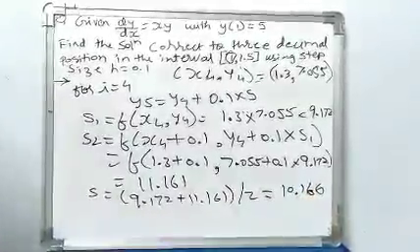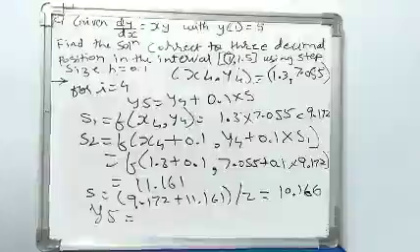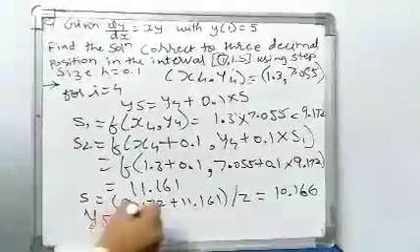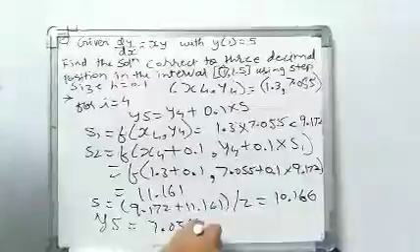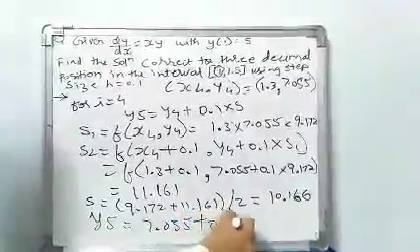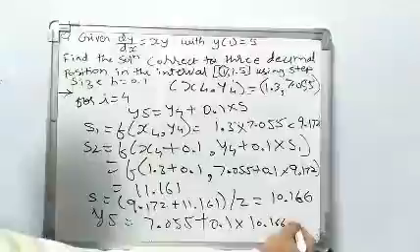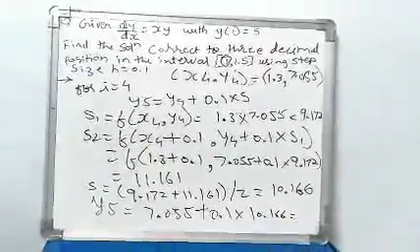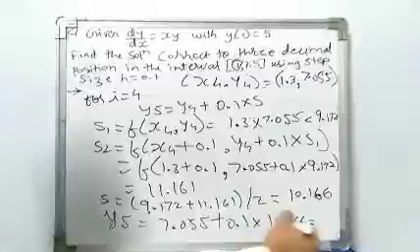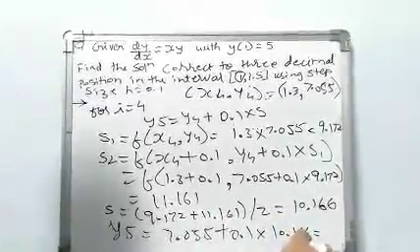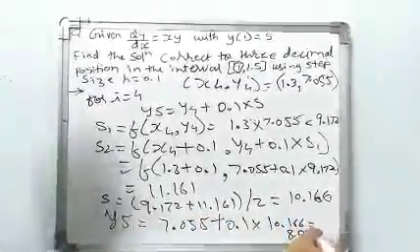That is equal to 10.166. Now we need to calculate y5. y5 is equal to 7.055 plus 0.1 into 10.166, and you get the value 8.072.